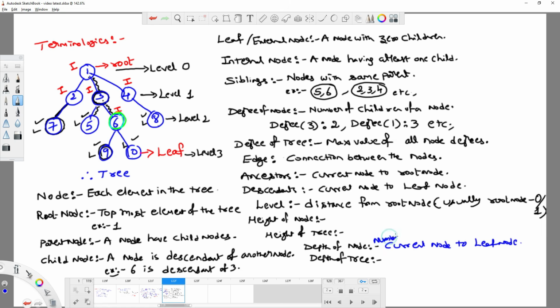We can say the number of edges between the current node to the leaf node. Very good, it's nothing but levels only. Is it correct?